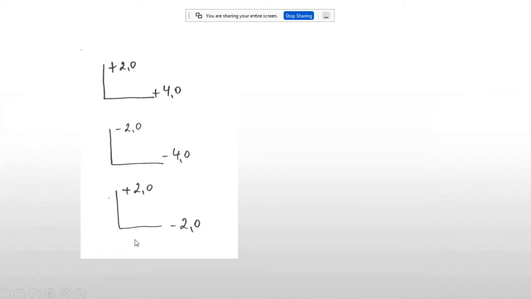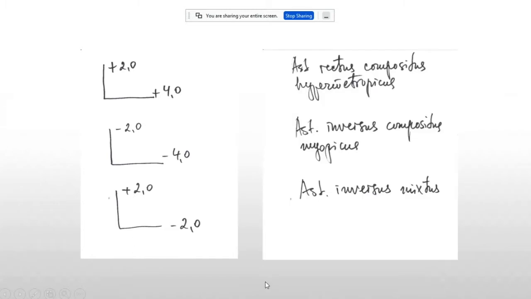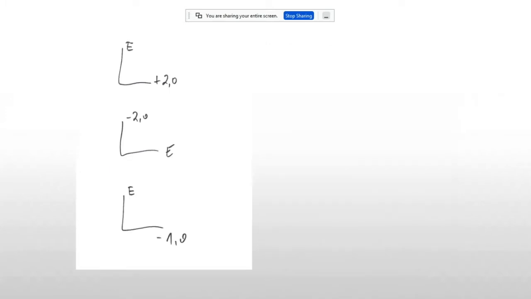So it is inversus, and because it's plus and minus, it is mixtus. So inversus mixtus. You see how complicated the diagnosis seems, but it's not so difficult finally. But that's the full name and the full explanation of the astigmatisms. Let's do some more.